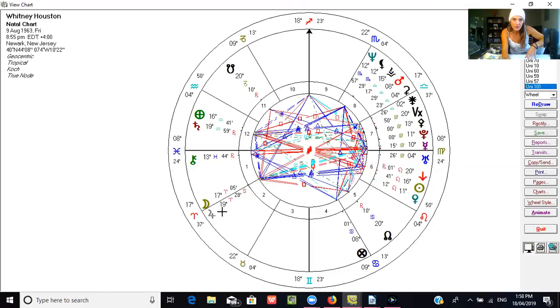So that's part of the success that we can identify, because Jupiter actually rules her midheaven, her 10th house, as she has Sagittarius up there on the 10th house and Jupiter in Aries down here. So there's a very close trine. It's literally 1 degree apart. So that's a very strong trine she has. And the moon as well, trining her MC, also describes the connection that her mother had in her career.